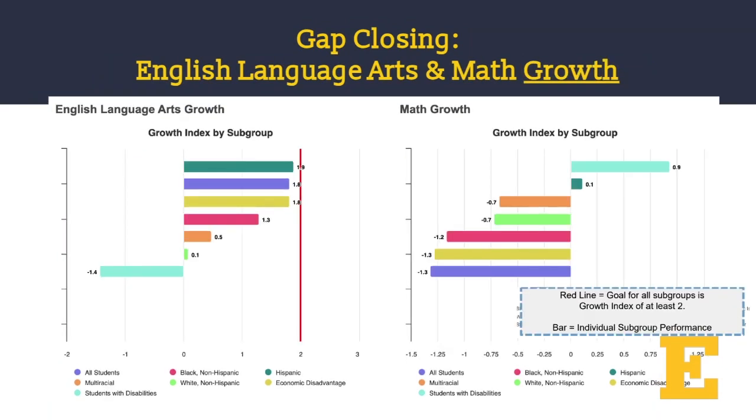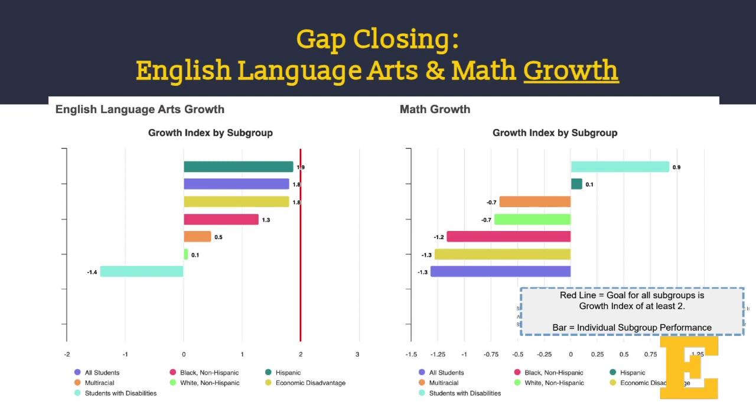On this slide now, we're looking at growth for ELA and math. And when we look at growth, we want to see, basically, if we reach a positive 2 as our growth index, you get a point for that exact area. When talking about the growth index, I think it's important to note that anywhere from -2 to +2 is what the state basically identifies as a year's expected growth.